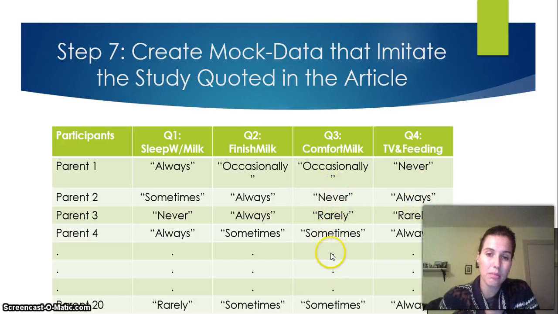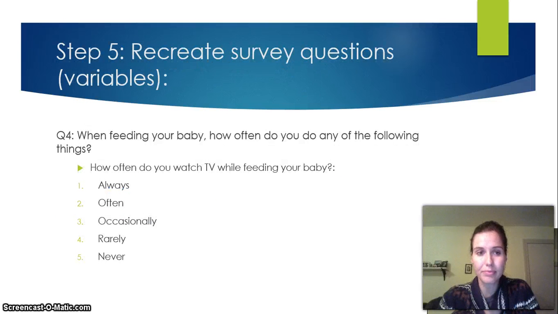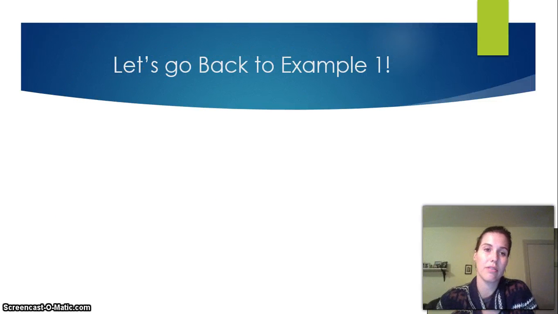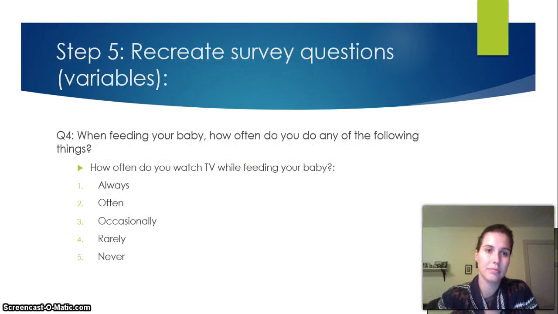Each cell needs to be filled out with a possible response option that's taken from the options given in the survey questions. I'm going back to the survey questions just to refresh your memory. Here's one of the survey questions. One of the survey questions, right, was a fourth question.